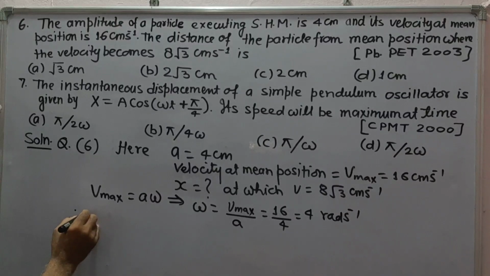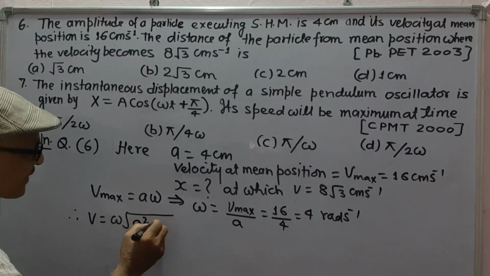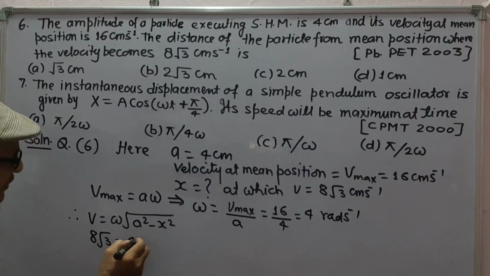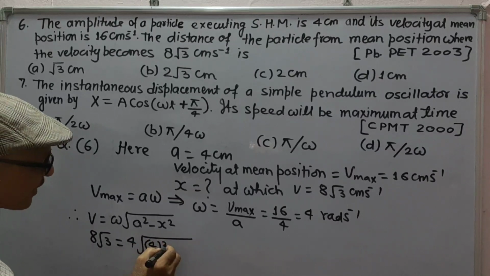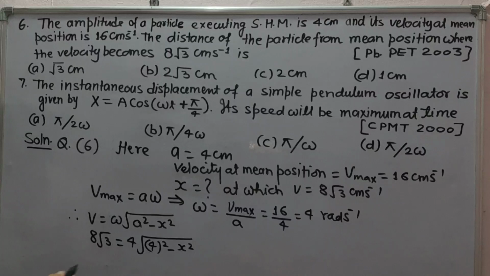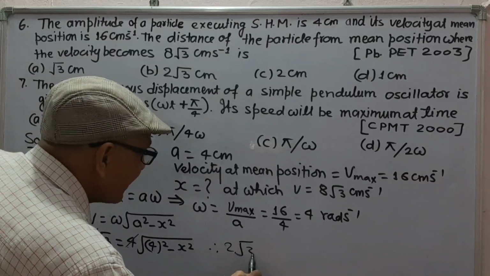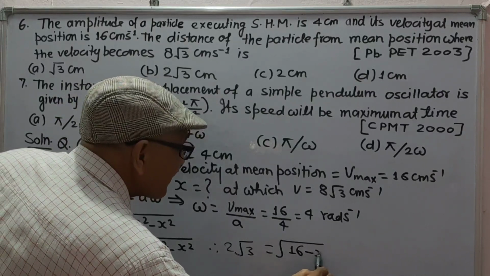Now v will be equal to omega times square root of a square minus x square. v is 8 root 3 is equal to omega is 4 under root a is 4, so 4 square minus x square. x is unknown. This 4 cancels 8 giving 2 here. Therefore 2 root 3 will be equal to square root of 16 minus x square.